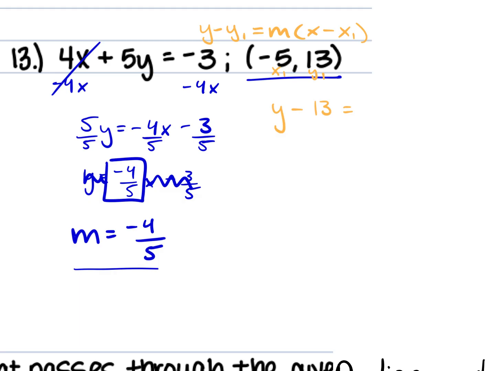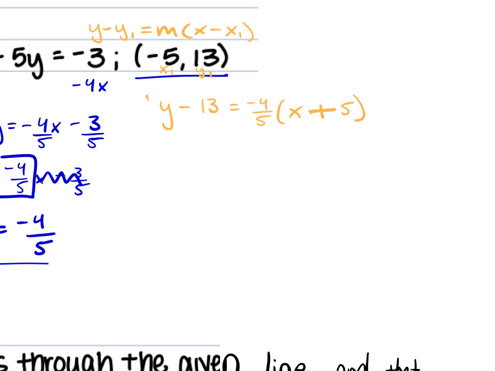Y minus 13 is equal to -4 over 5 times x minus -5. How would I write minus -5? X plus 5. Perfect. So make sure you simplify that. Don't leave it as x minus negative 5. Change it to plus. Now this would be a perfectly fine answer if the question said in point slope form. This is point slope form.